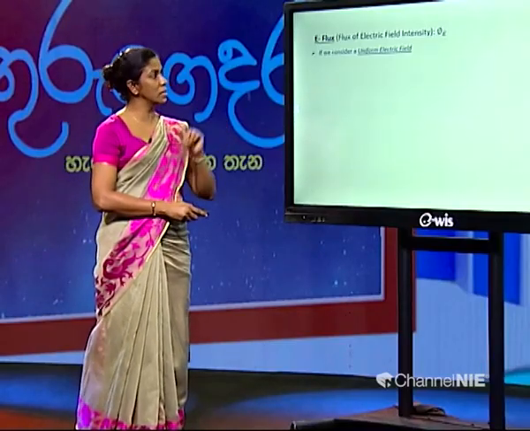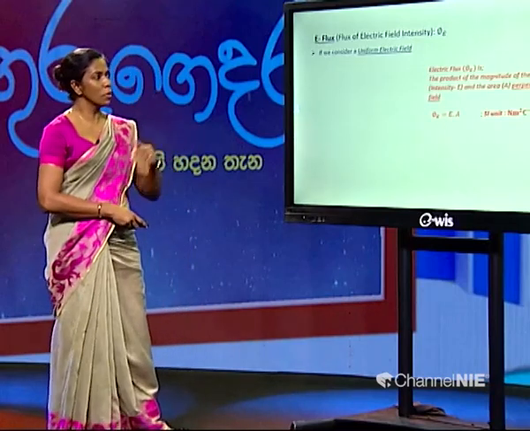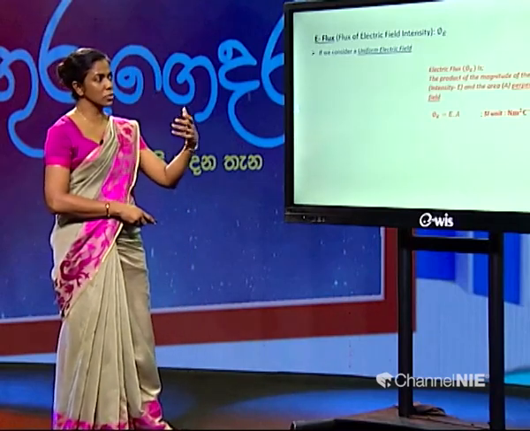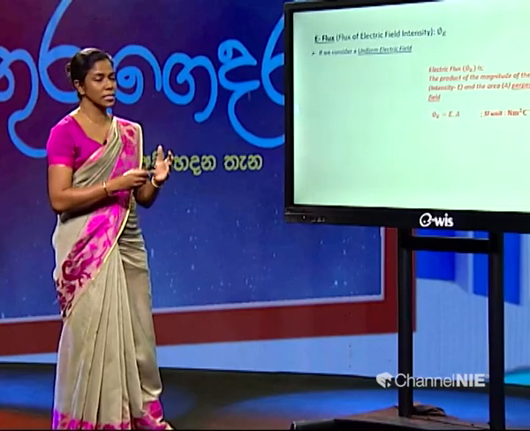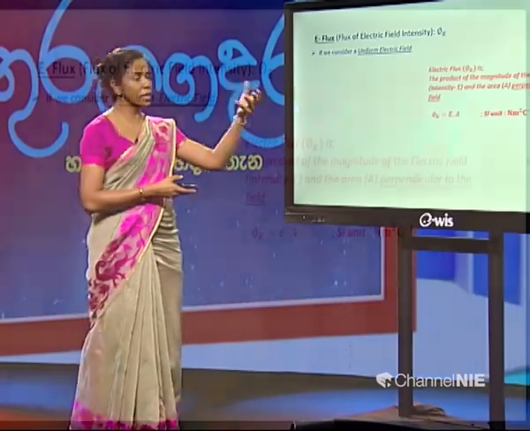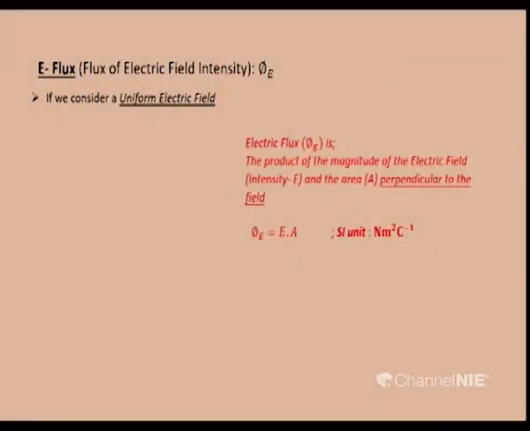So, if I consider a uniform electric field, now we give a quantitative measurement to this concept of flux. You have to understand this is a concept, so we are giving it a definition. We say that electric flux can be taken as the product of the electric field intensity at that point and the area we chose, as explained in the previous parts.